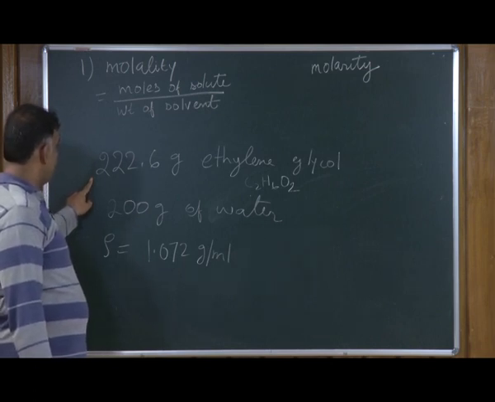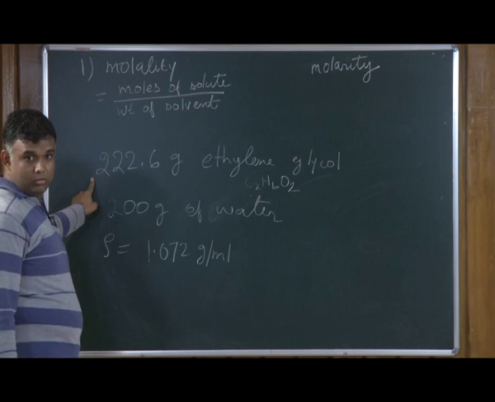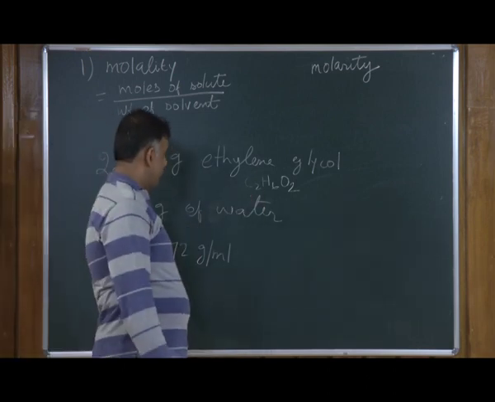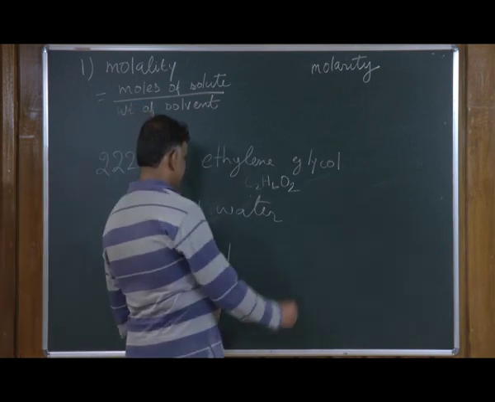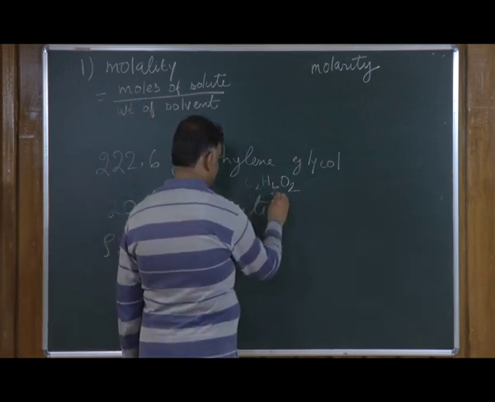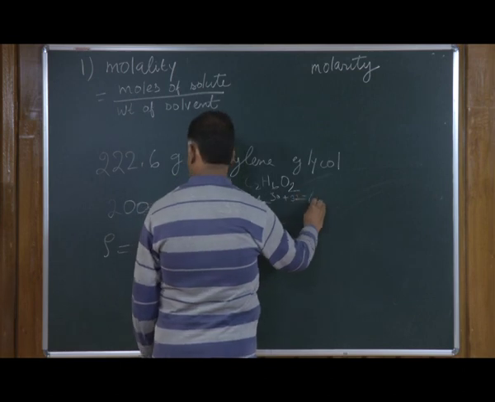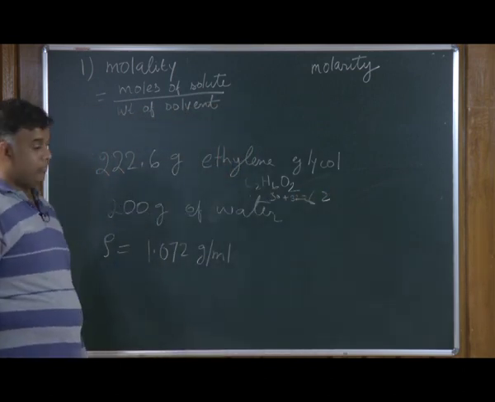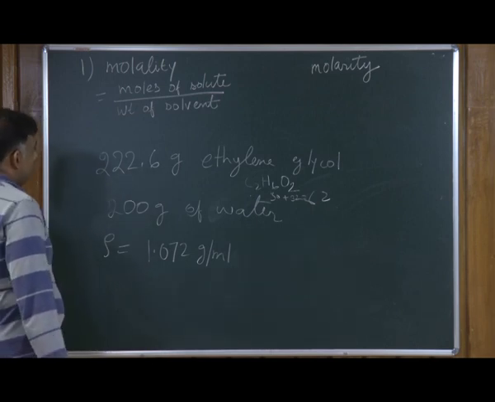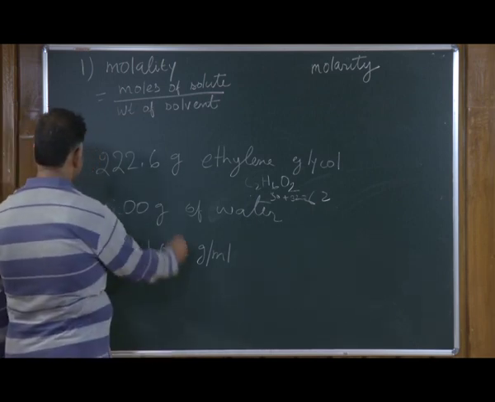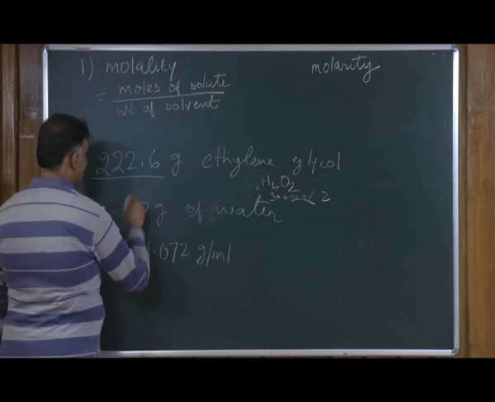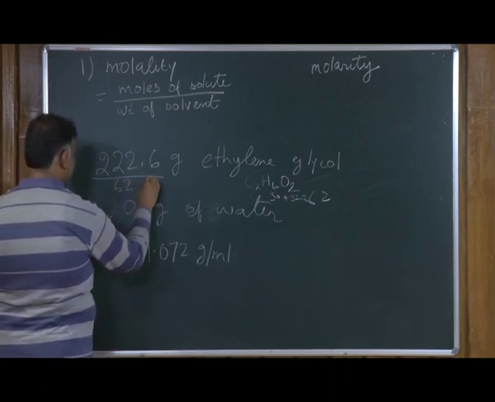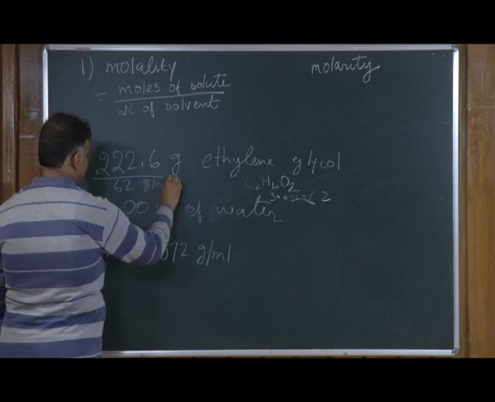To convert this to moles, I need the molecular weight of the solute. So, that would be 24 plus 6 plus 32, which is 62. So, the molecular weight is 62 gram per mole. The moles of solute would be simply 222.6 gram divided by 62 gram per mole.